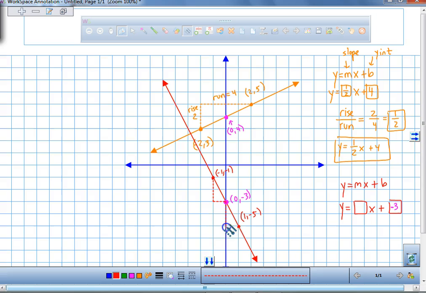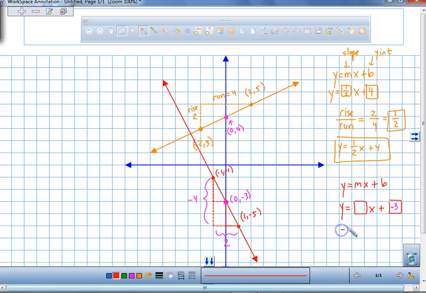Or we could go down 4 units and over 2 units. Does everybody see the difference here? That goes down 4 and over 2, but this one goes down 2 and over 1.